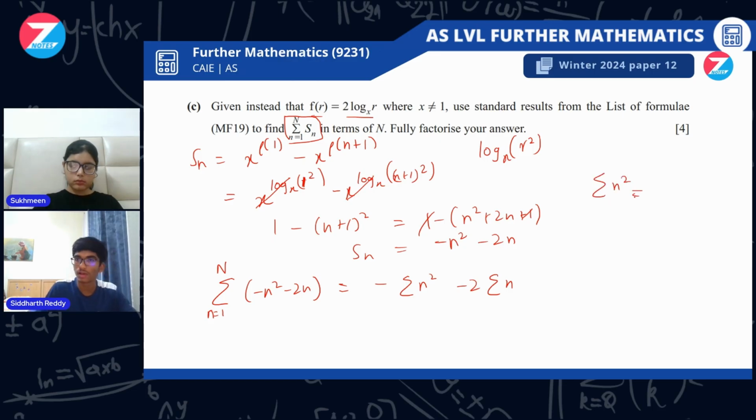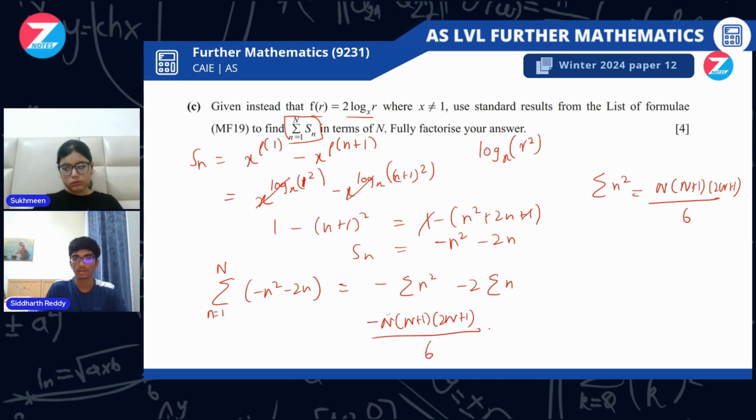It's equal to n into n plus 1 into 2n plus 1 by 6. So this will be equal to minus n into n plus 1 into 2n plus 1 by 6. And the sum of the regular n is equal to n into n plus 1 by 2. It becomes 2 into n plus 1 by 2. So this 2 cancels.